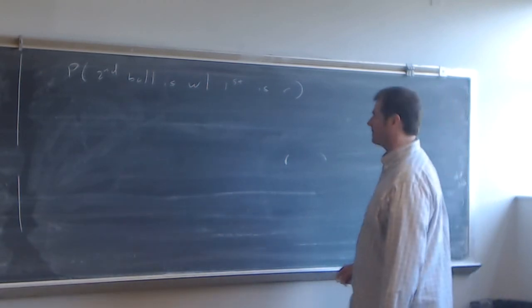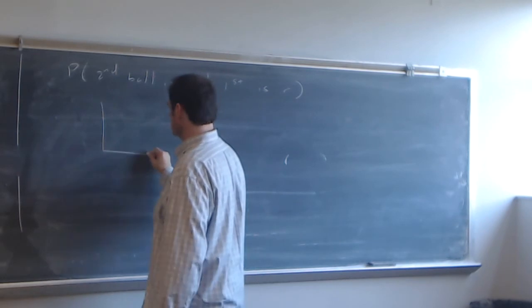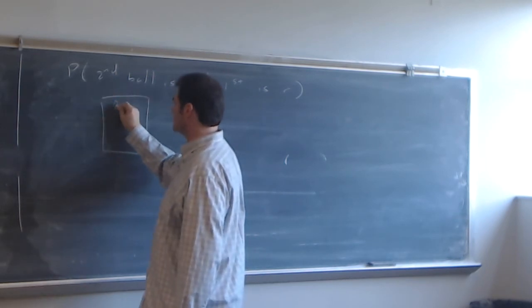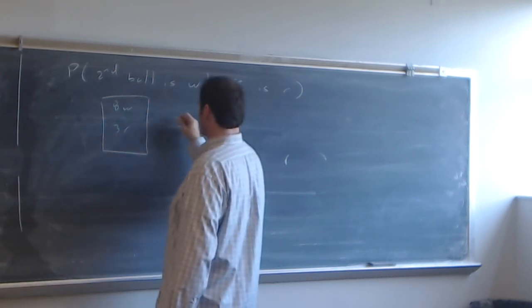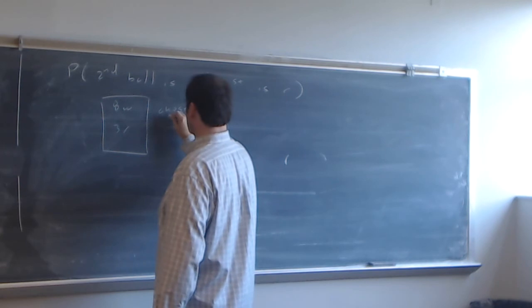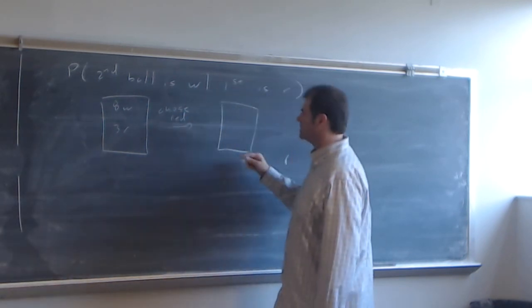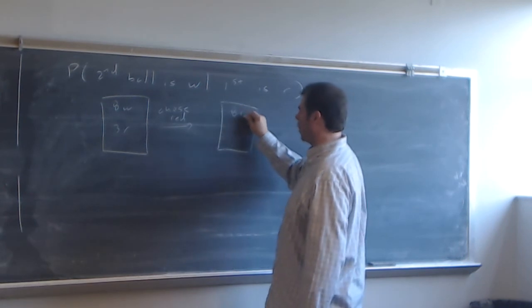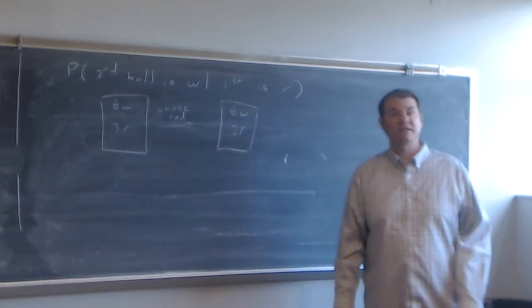So here's what happens. Remember, I'll draw here. When we start, the urn has 8 whites and 3 red. We choose a red ball. We know we chose red. So what's in the urn now? This is 8 white and 2 red. So we put ourselves in that situation.